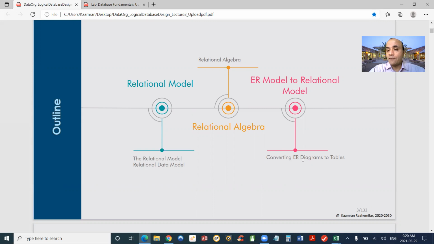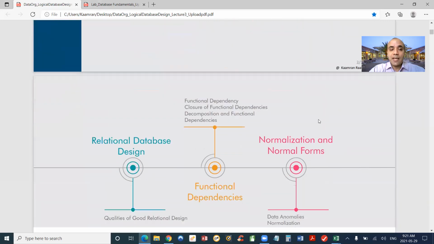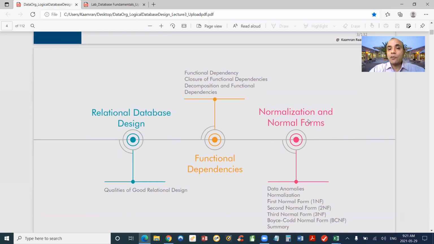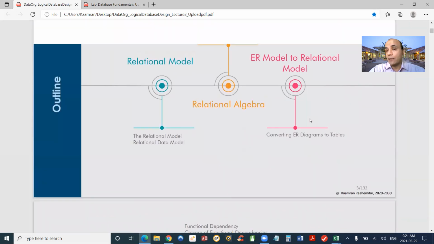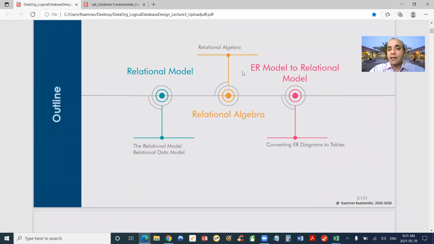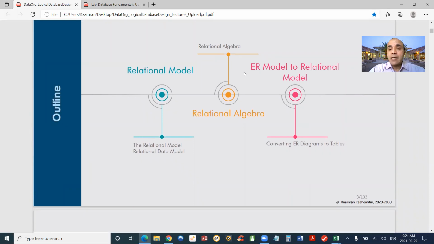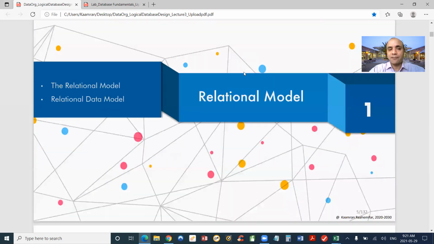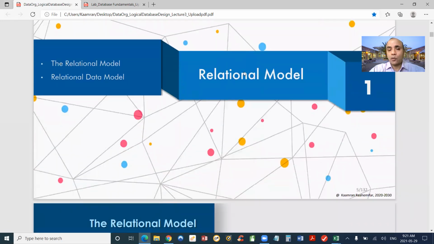Then I'm going to convert the ER diagram to tables so that we know what it means to us. Then I'm going to talk about the decompositions, especially normalization. But then I'm going to come back and talk about operations, algebraic operations, relational algebra. And there we are going to talk about multiple operations that we have. So let's begin on part 1.